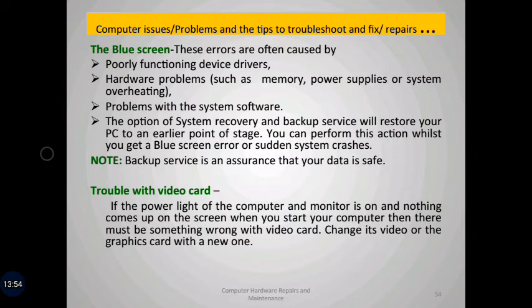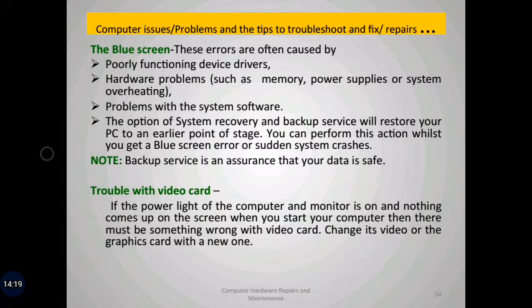Talking of the power supply, you have different voltages or system overheating. System overheating, now we're talking about the system fan and the CPU fan. Maybe your system fan isn't working well because it may be affected with dust, or it's an old fan, or even faulty in some cases, so you need to replace the fan.